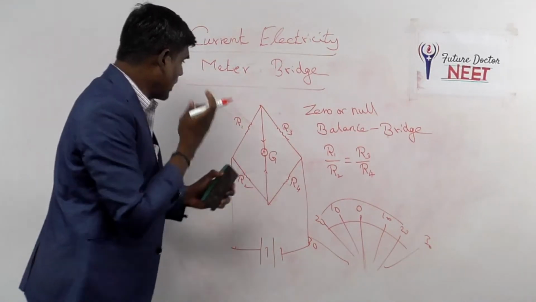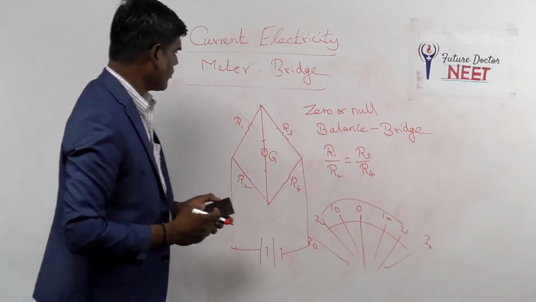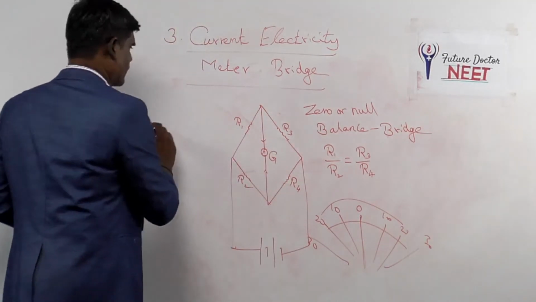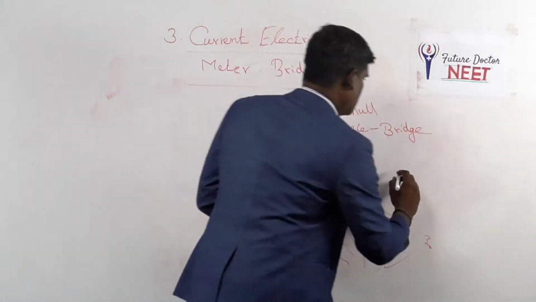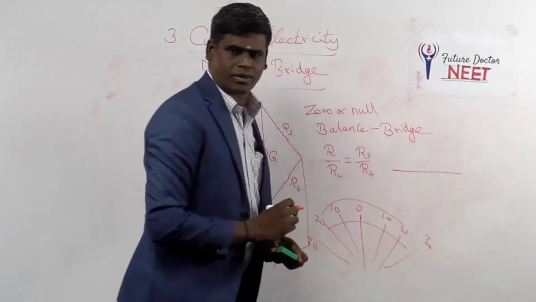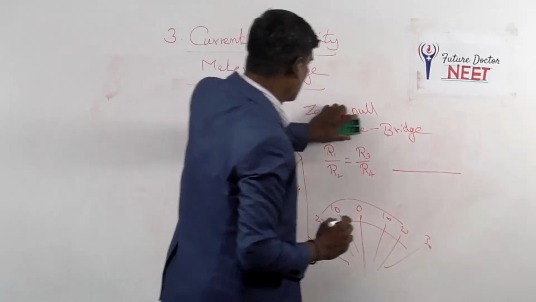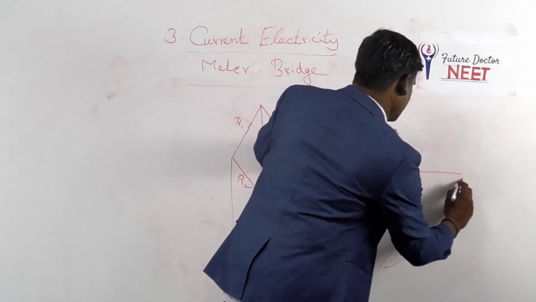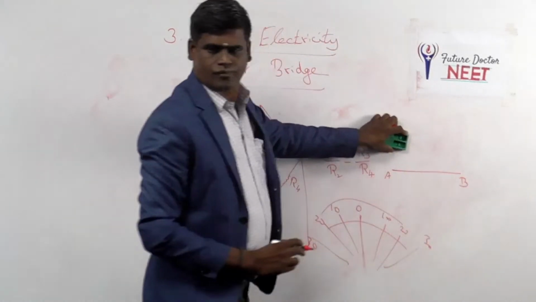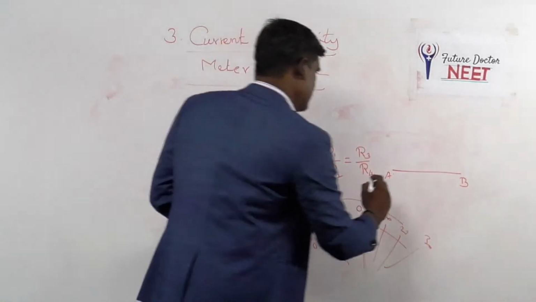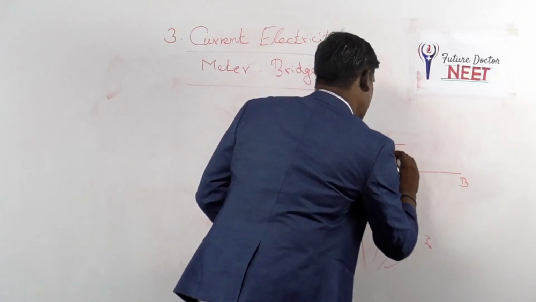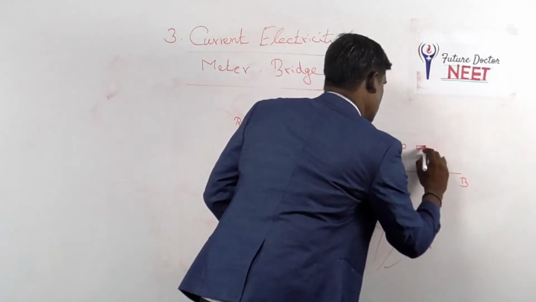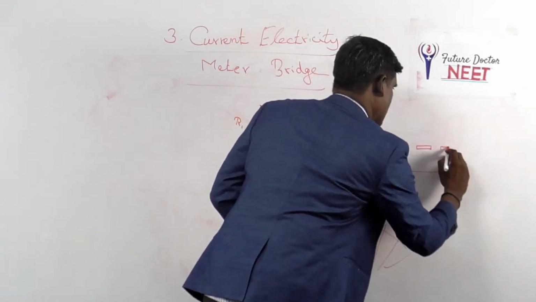And in the meter bridge, the 2 wires R3, R4 may be replaced by 1 meter wire, 1 meter wire as A, B. And then there will be 2 gaps. Here 1 gap, here 1 gap, and here another gap.